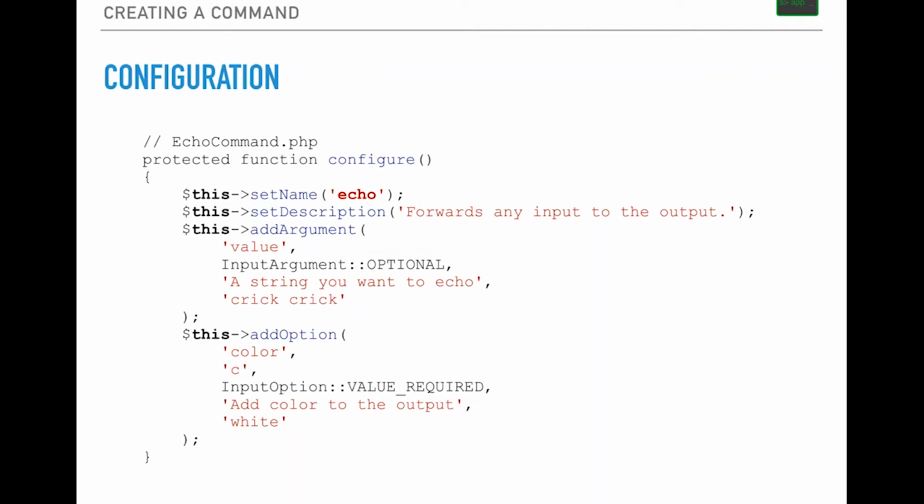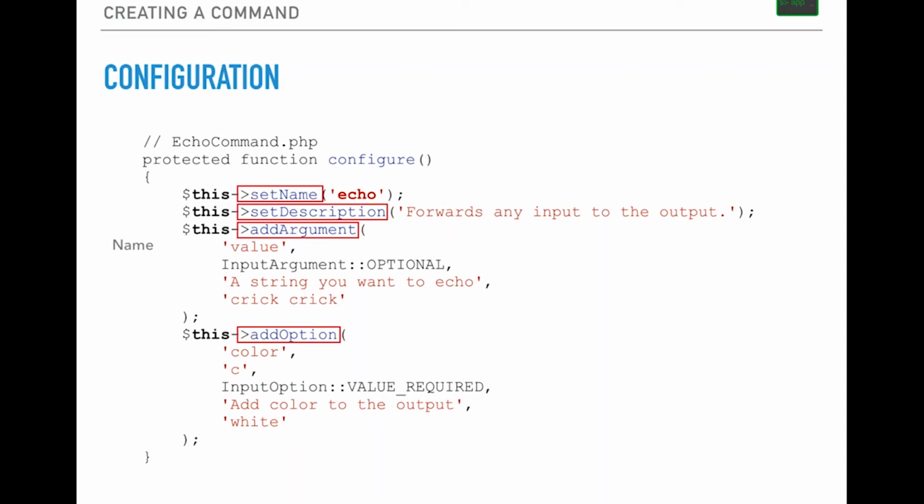In the configure method, you set up important information about the command, such as its name, the description, and a set of arguments and options that your command may take. Now, arguments are positional parameters that come after your command when you are typing it in the terminal.